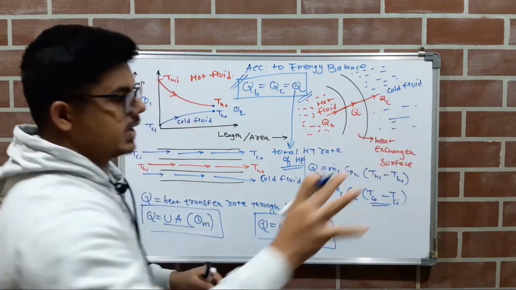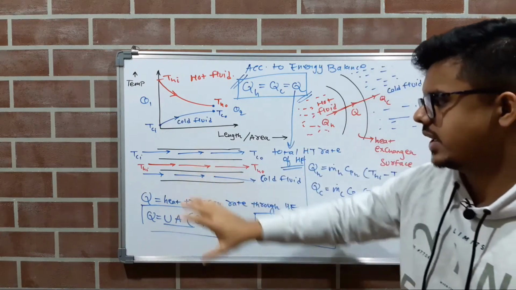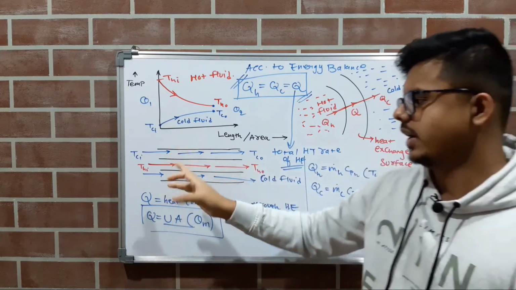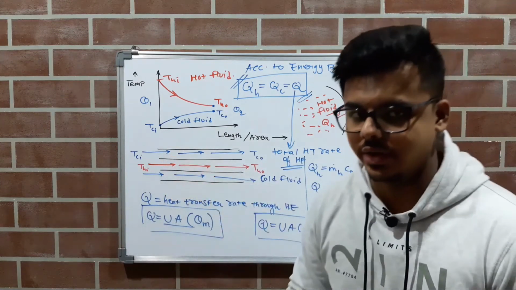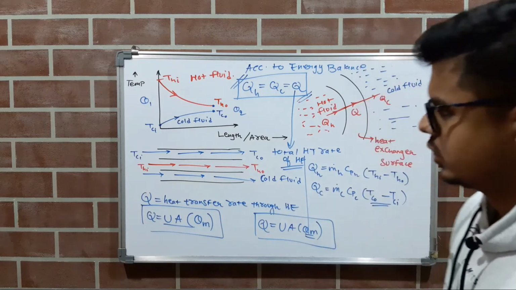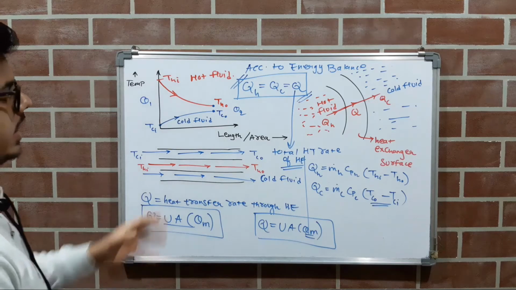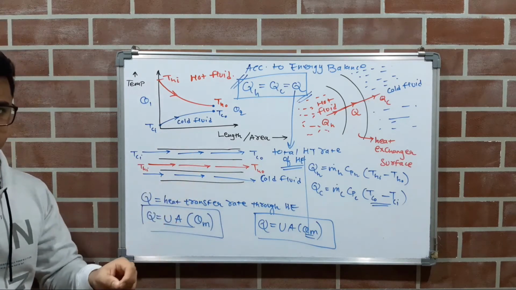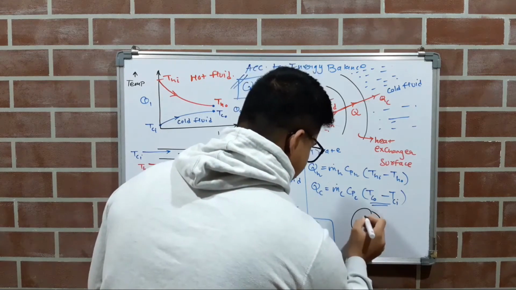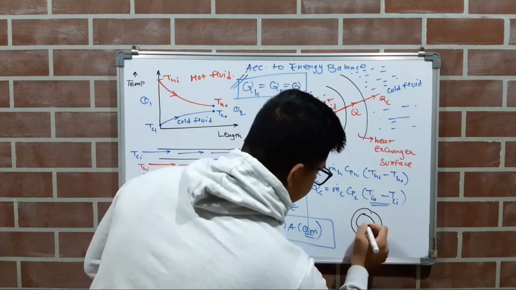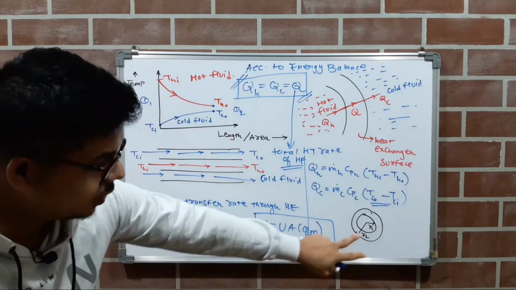Now if you have a heat exchanger with a concentric cylinder arrangement, with a bigger outer cylinder and a smaller inner cylinder, and these cylinders are not considered thin, they have an inner radius R1 and an outer radius R2.